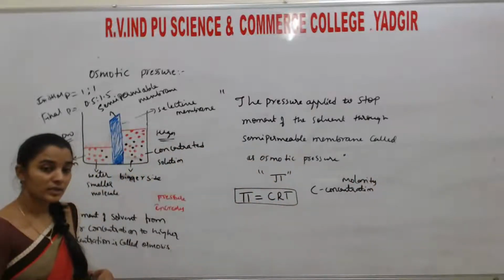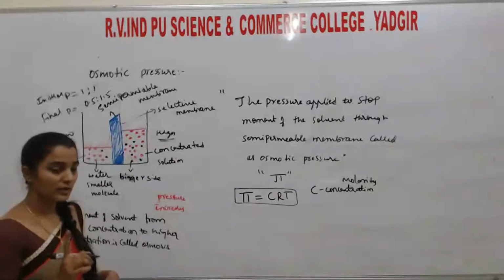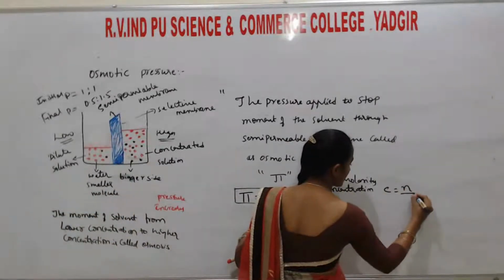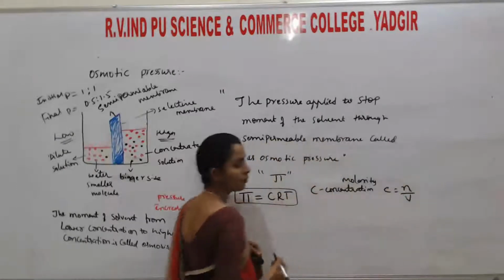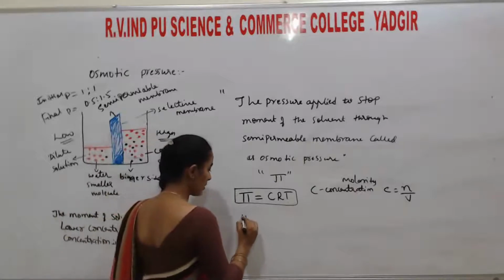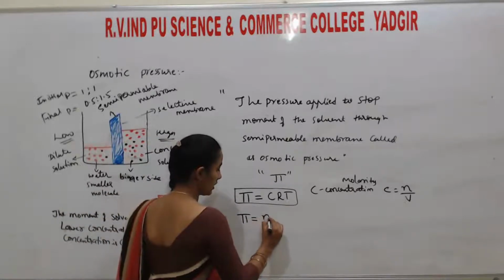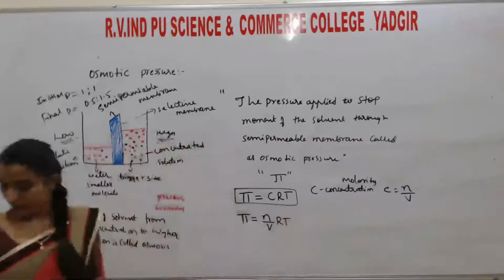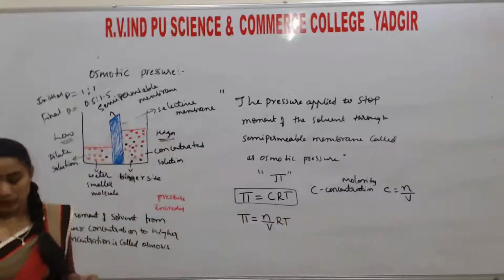Number of moles of solute present in 1 liter of a solution. So here C is equal to what? Number of moles divided by the volume of the solution, 1 liter of a solution means volume. So this becomes pi is equal to n by V RT. Pi is equal to n by V RT.